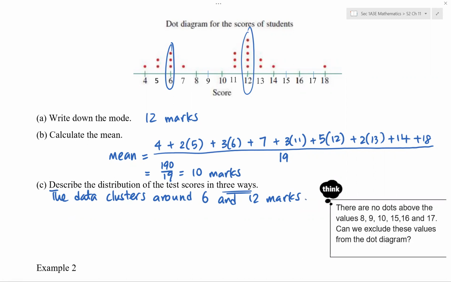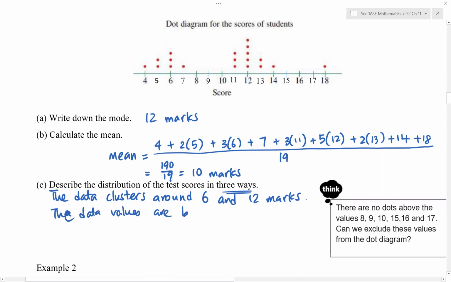Now, what else can we say? We can talk about the range. We can talk about the minimum and the maximum value. So the data values are between 4 and 18 marks.